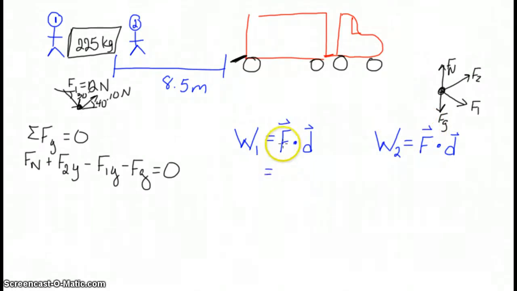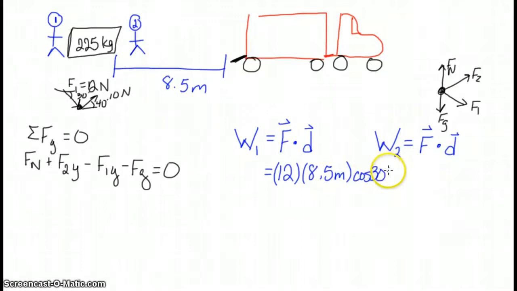So SPY 1 had a force magnitude of 12 newtons. The distance that was traveled was 8.5 meters to the truck. This is going to be cosine of 30 degrees. So it's 30 degrees from the horizontal. So this is going to give us about 88.3 joules.